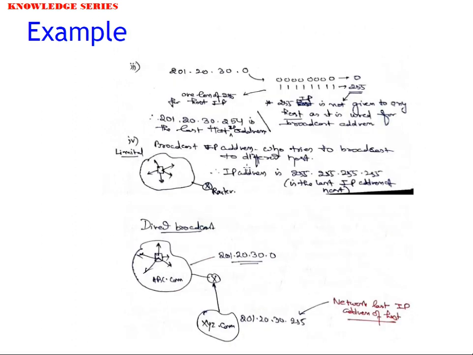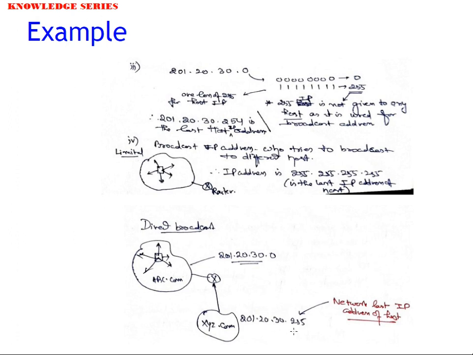In this case, the broadcast IP is nothing but the last IP, that is 255, 255, 255, because this cannot be used by any host. And if it is a direct broadcast scenario, we go with the same network address, but instead of the last host ID we write 255, because 255 is the last ID. That will not be assigned to anybody.